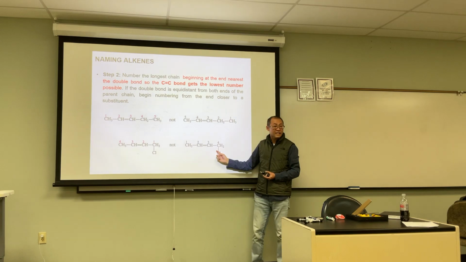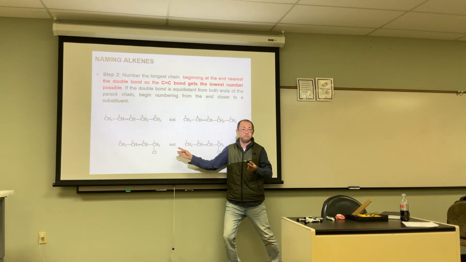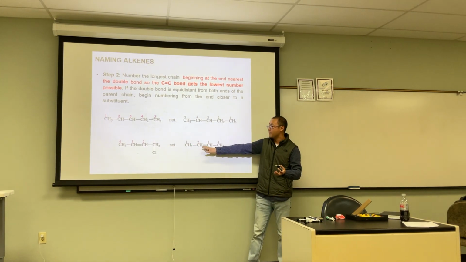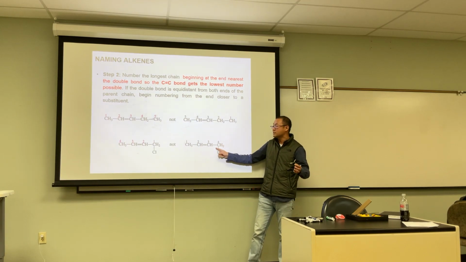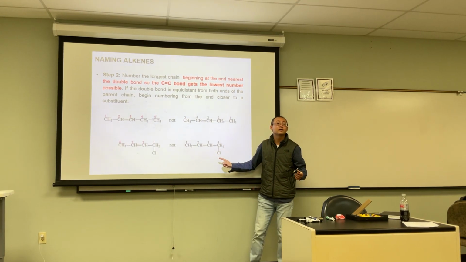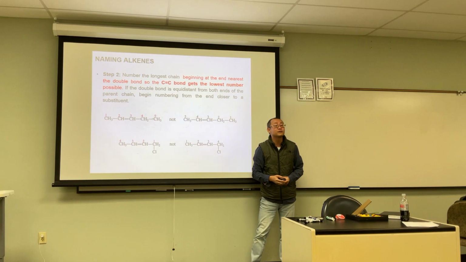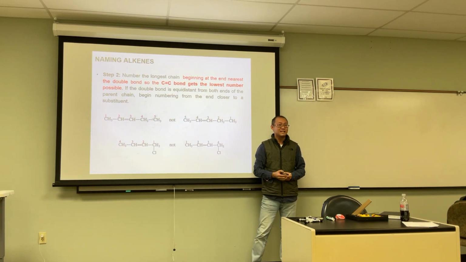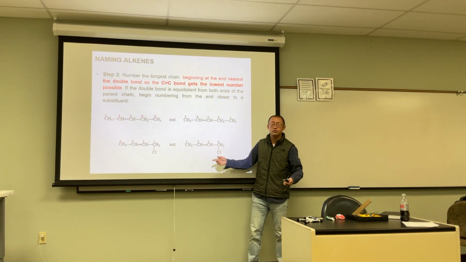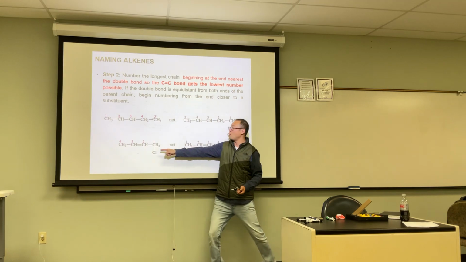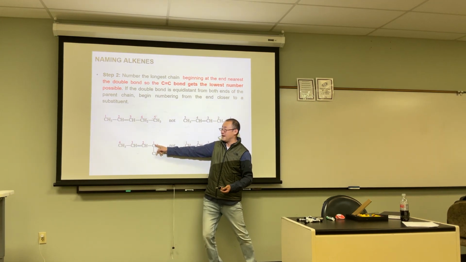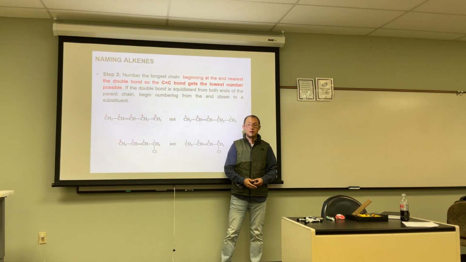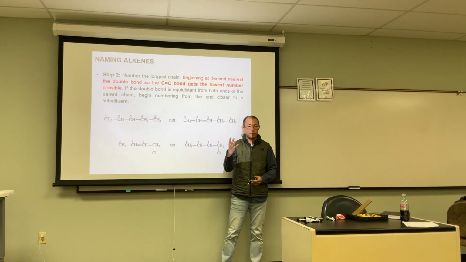If, like this case, both numbering from left to right and right to left, the double bond gets the same numbering, then you consider what? The group. Does it make sense? Yes. We had a question. That was my question. Good. Thank you. Does it make sense, guys? But who takes priority? Double bond. In this case, they're both 2 and 3. Of course, you need to consider the chlorine. Then whichever end the chlorine is at, this is number 1. Make sense? That's how you number it.